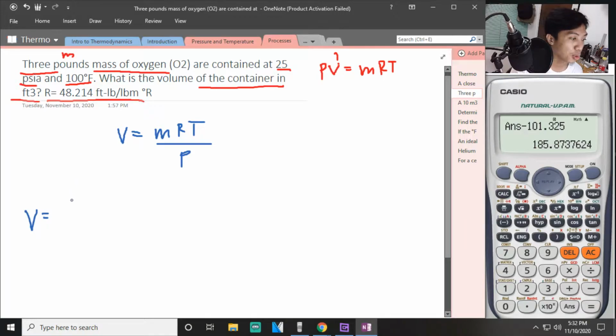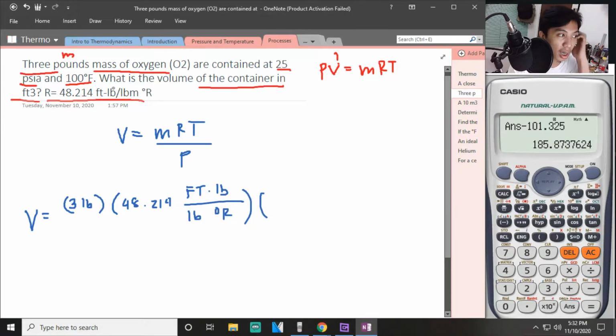So, 3 pounds is the mass, 3 lb multiplied by R, that is 48.214 foot pound per pound degree Rankine. And then the temperature, it is in 100 degrees Fahrenheit, so you have to add 460 to get Rankine.